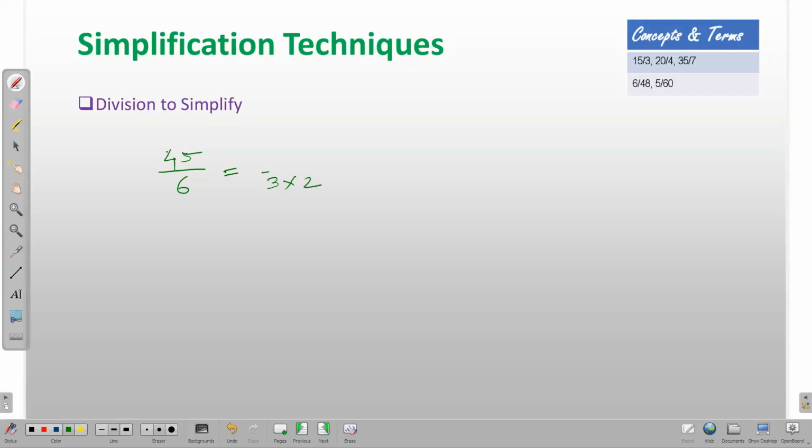Yes. Then I can write this as 3 into 15. Is that okay? Yes. Then I'm cutting this 3 and 3. It can be cut. You know the reason I'm teaching you simplification. The reason is if somebody writes 3 into 15 by 3 into 2, you can cancel the common numbers.